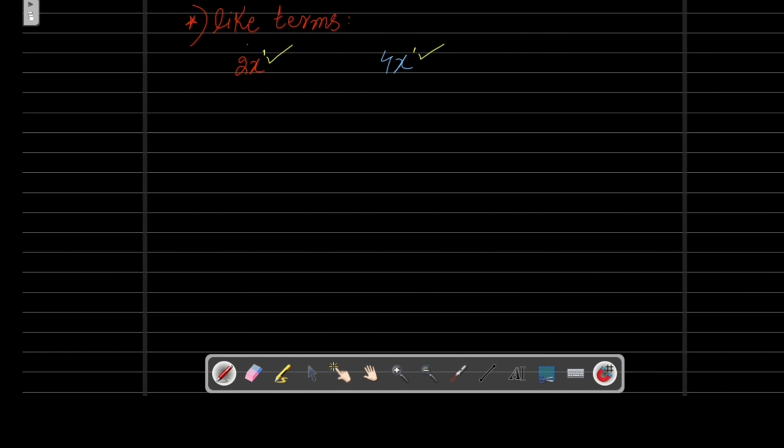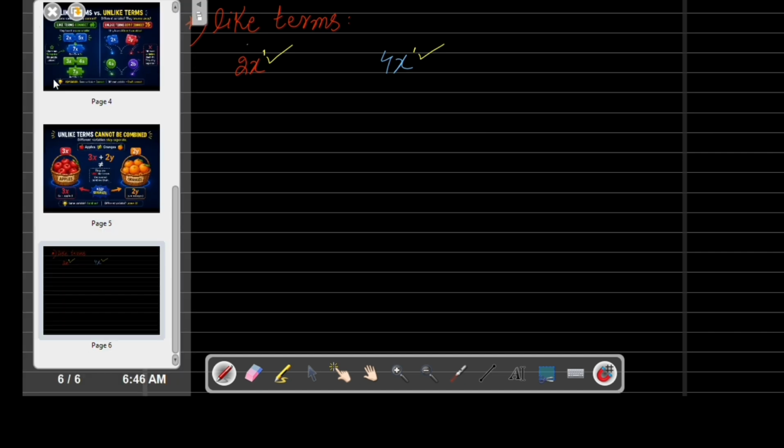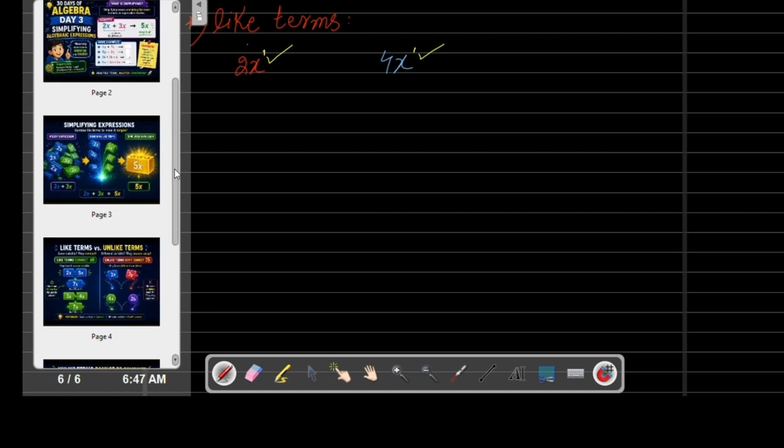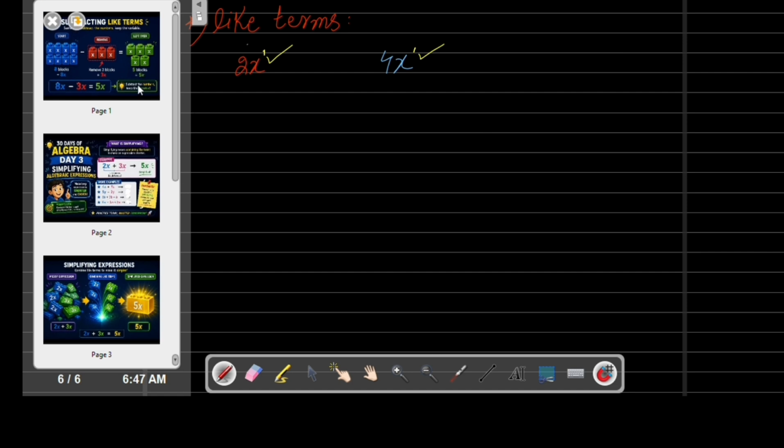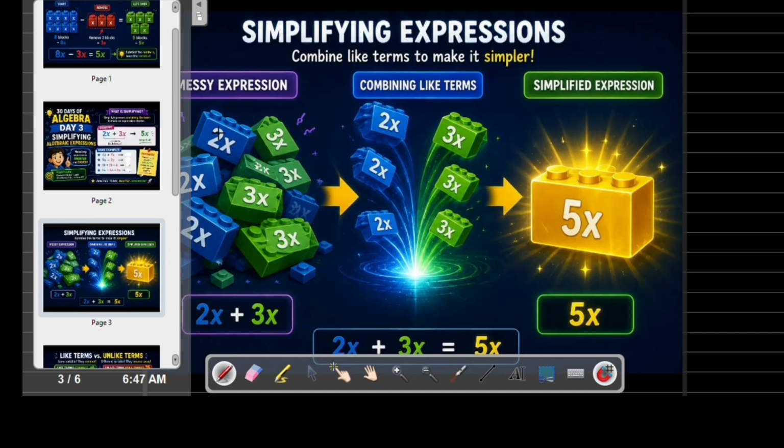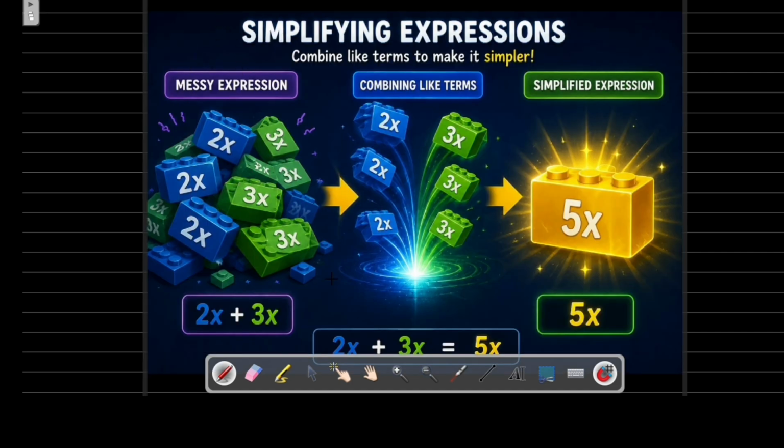I am going to show you that picture again, and this picture is, yeah, this one. These are the messy expressions, and we are going to combine like terms from it.